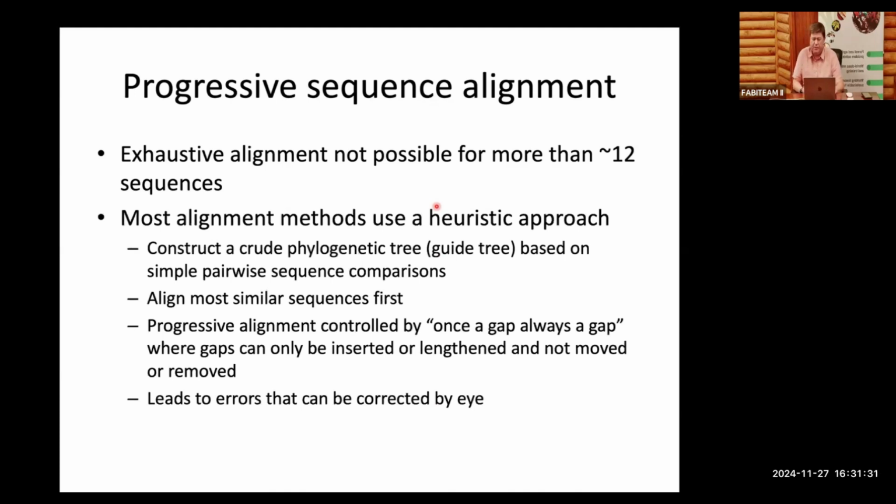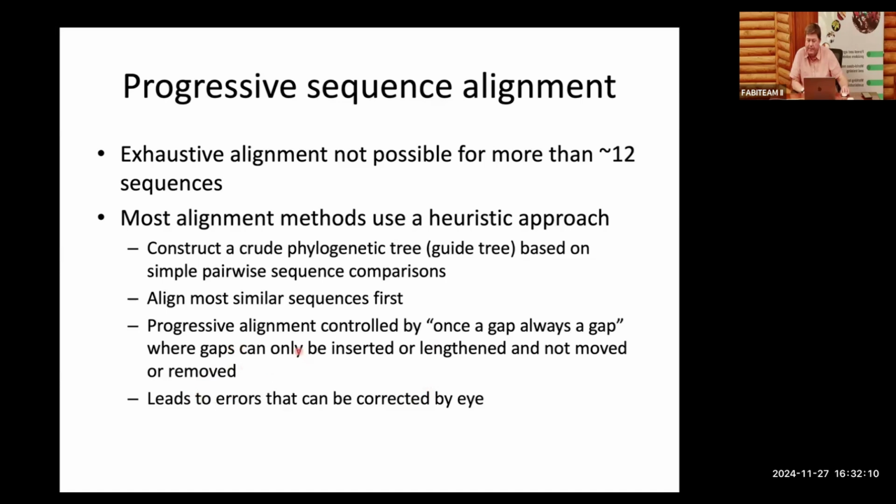So most of the alignment programs use a heuristic approach, like Clustal W, where we construct a crude phylogenetic tree based on simple pairwise sequence comparisons. The most similar sequences are aligned first, and then we have a progressive alignment that's controlled by the rule once a gap, always a gap. But I want to remind you that this is not true for all alignments. If you don't have an iterative method, this is true. Once two sequences are aligned, or a gap has been introduced, it will stay there.